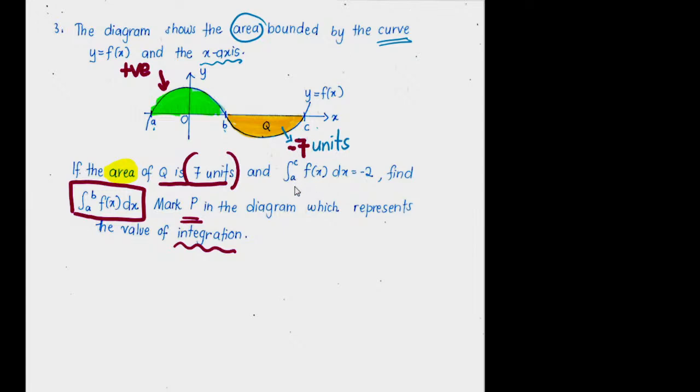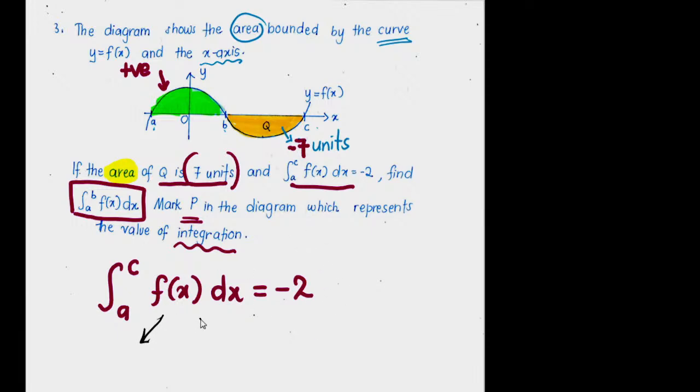Then another piece of information they have given is the integration from A to C of f(x) dx is equal to negative 2. A to C means they take the green color and the yellow color, add both, and get negative 2. So what we do now is break this into the green color plus the yellow color, because A to C is from here to here.